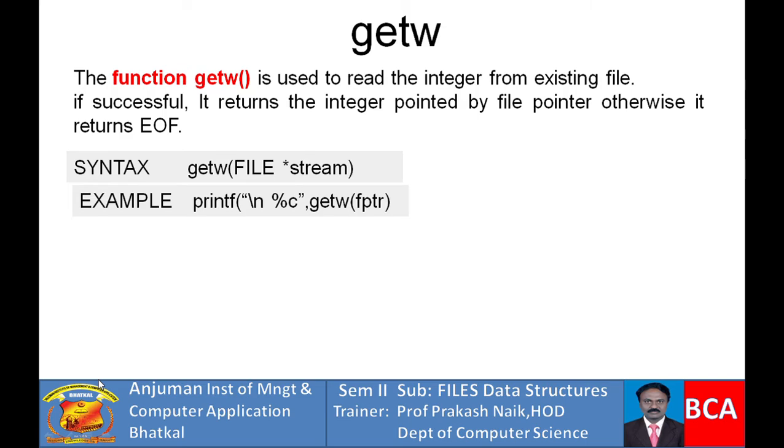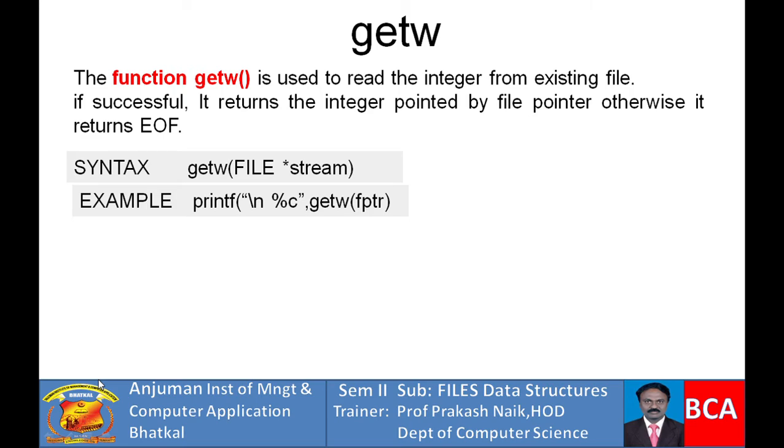Now, let us try to retrieve those numbers from the file, and for that we use getw. It is used to read the integer from an existing file. What is the syntax? getw FILE star stream. Only one parameter. So in the example you can see printf \n %c getw fptr.